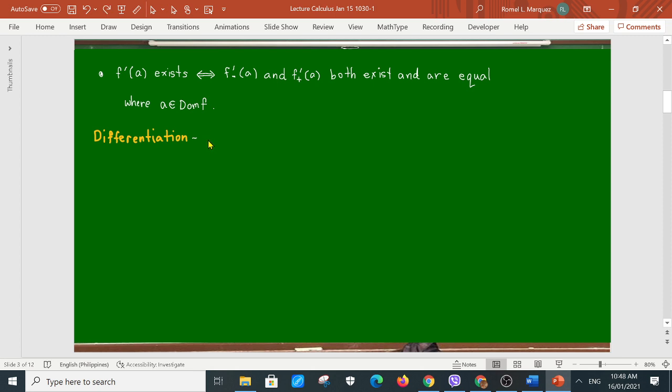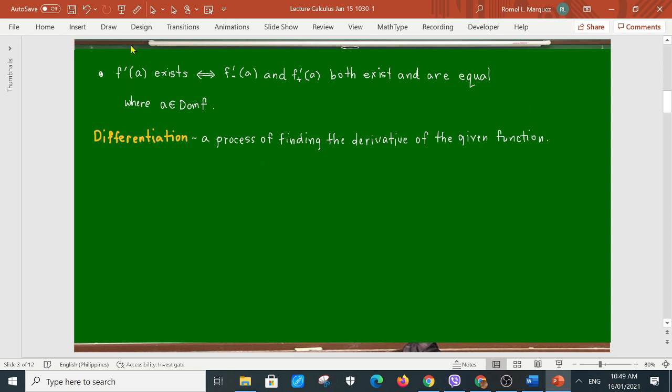Differentiation is a process of finding the derivative of a given function.